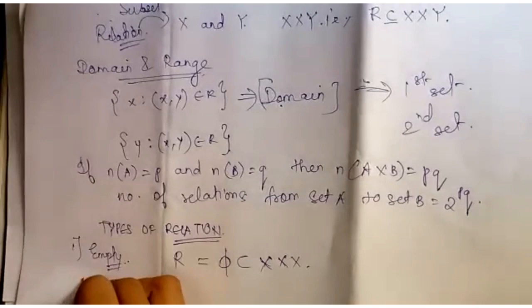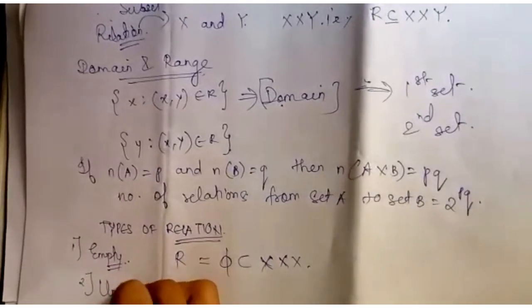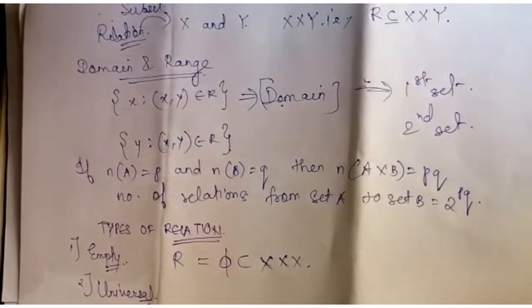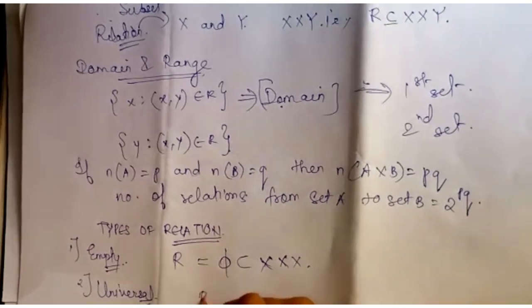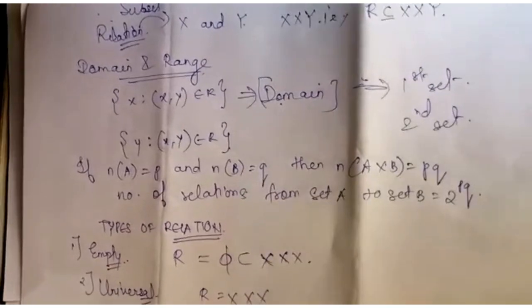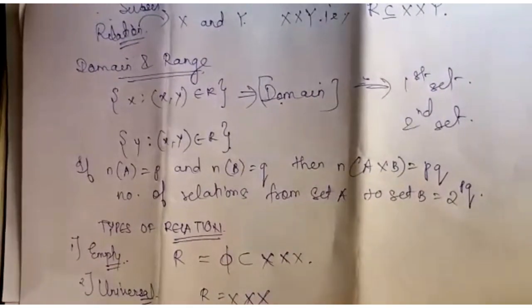Then the second one is the universal relation. A relation R in a set X is called a universal relation if each element of X is related to every element of X. So this is the notation.